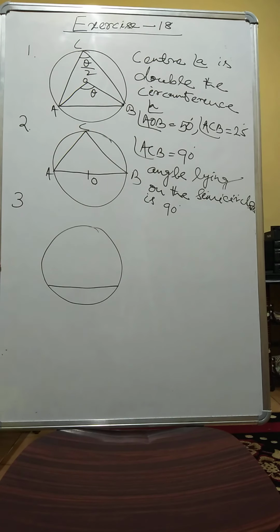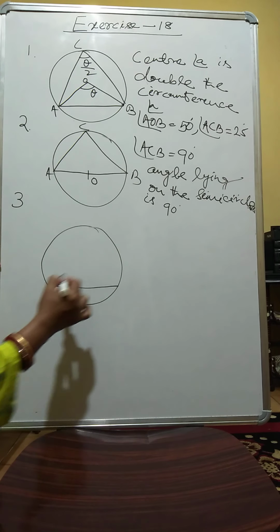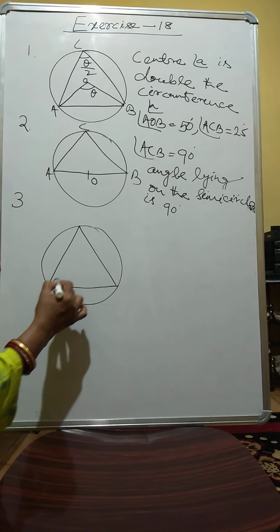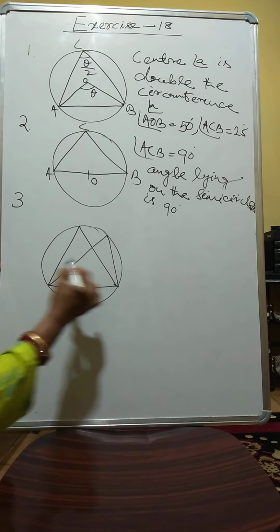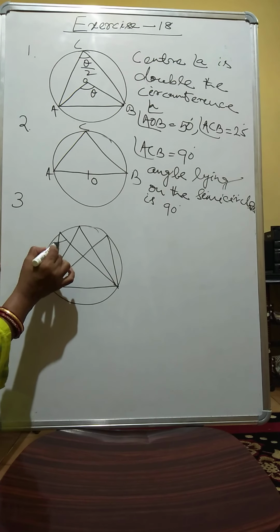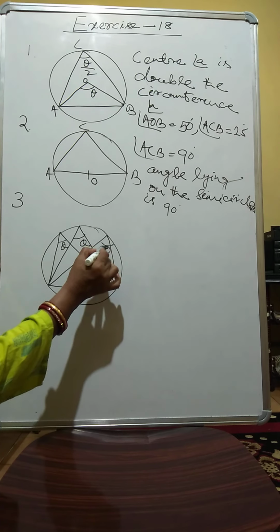This is a chord, this is an arc, therefore this is known as segment. If this angle is theta, this should be theta, this should be theta. Why?